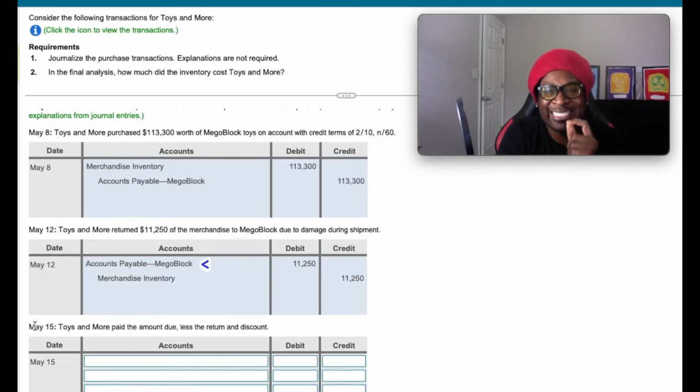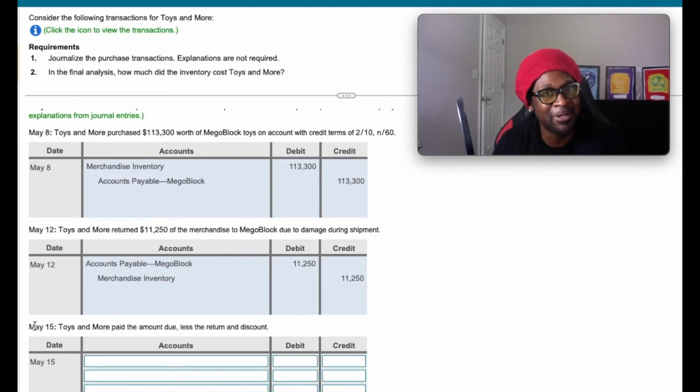So our initial amount of inventory has to get adjusted by the $11,250 to know the total amount that we have to pay. If we subtract the $11,250 from the $113,300, we should get $102,050. That's going to be the amount that we're going to pay.